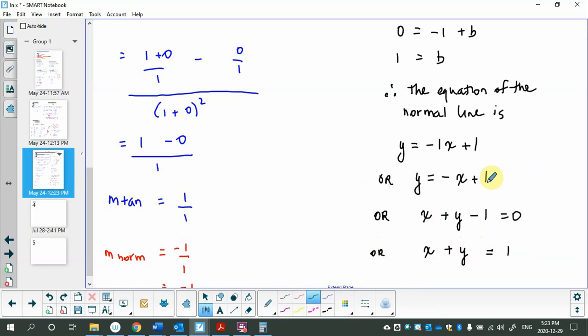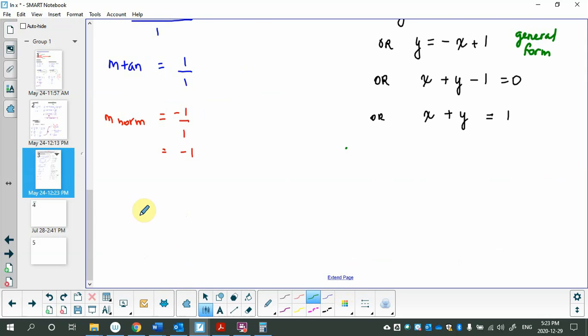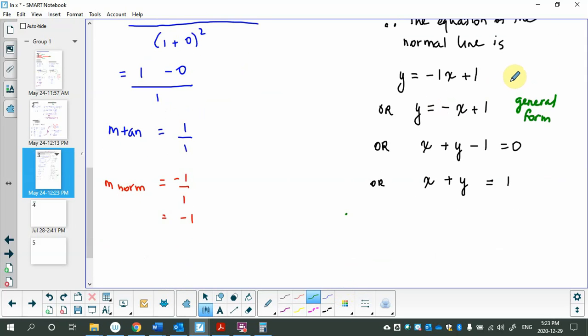This one is called general form, y equals mx plus b. And these two are called standard form. Standard form typically is ax plus by plus c is equal to 0. Excuse me.